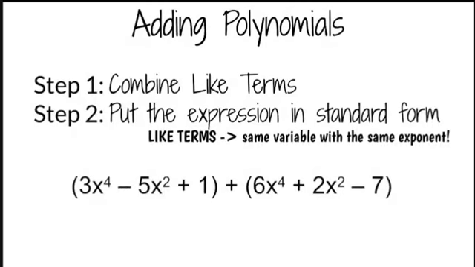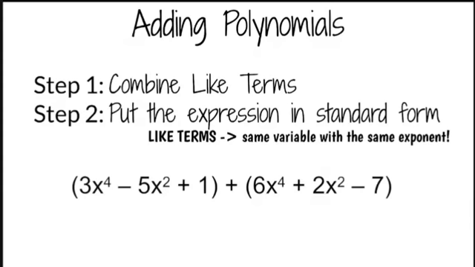First thing I want to talk about is just adding polynomials, which is a lot of combining like terms and putting expressions in standard form after we've combined the like terms. Just a little friendly reminder that like terms mean they're the same variable with the same exponent. So in this case, the 3x to the fourth and the 6x to the fourth are like terms.